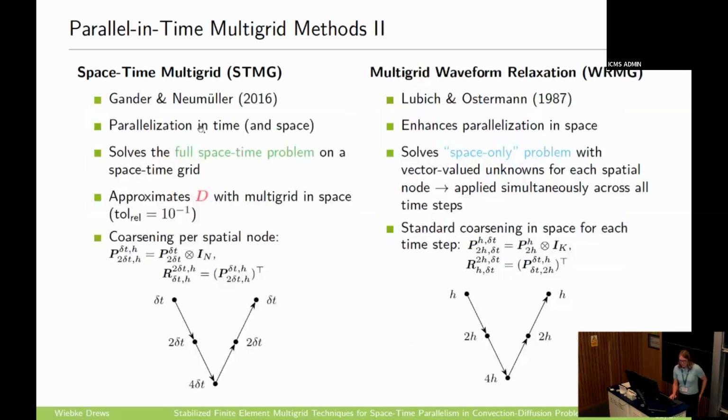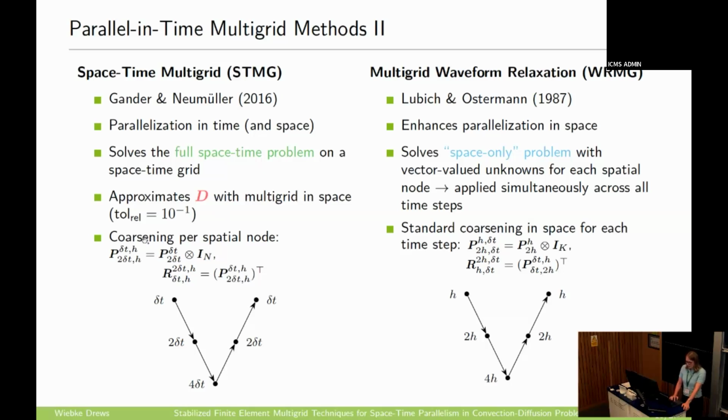The first one was introduced by Gander and Neumüller, and we can parallelize in time, but also in space. So we have a multigrid in time here. We can additionally solve or approximate our preconditioner D with another multigrid in space. Therefore, we can parallelize in space and time. And one says we solve a full space-time problem here.